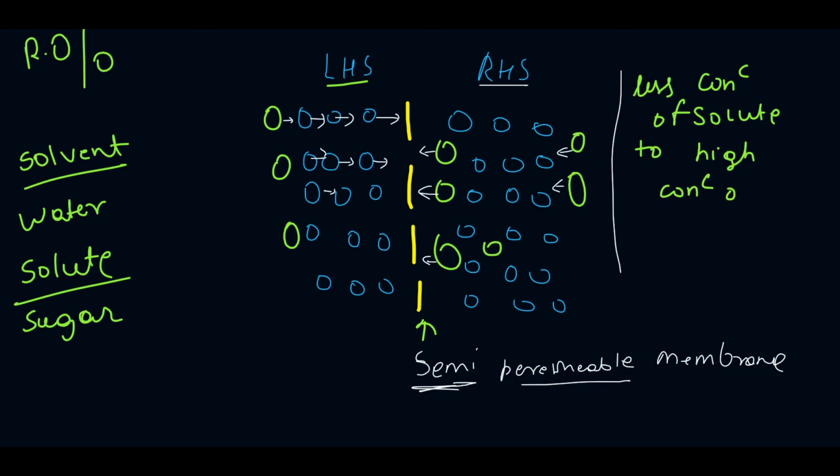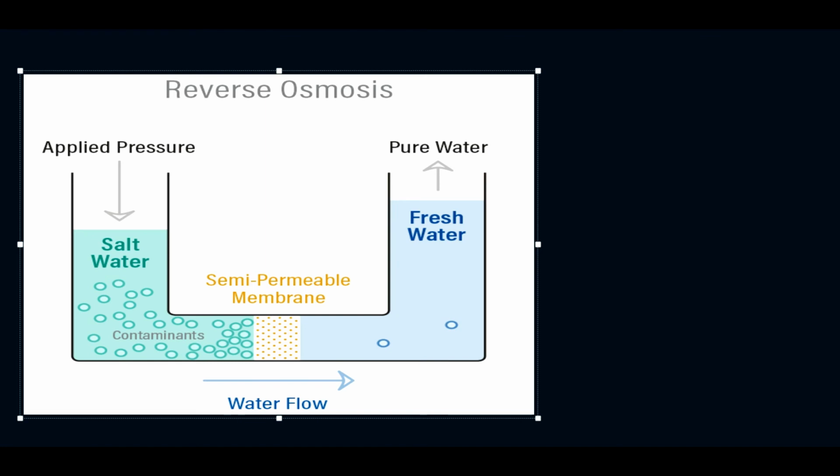But in reverse osmosis it is totally different. In reverse osmosis, the concentration of solute is greater on this side, but we have applied a pressure on this side, and this pressure is greater than the osmotic pressure.